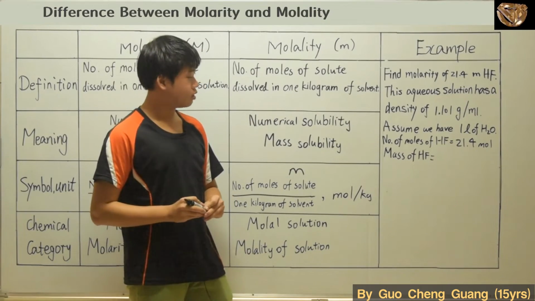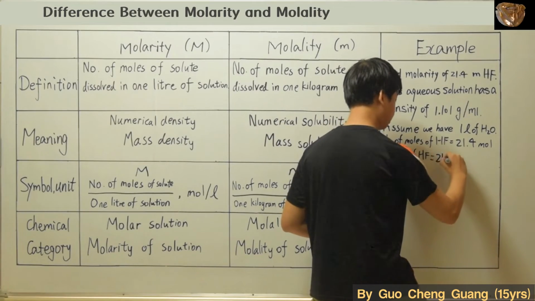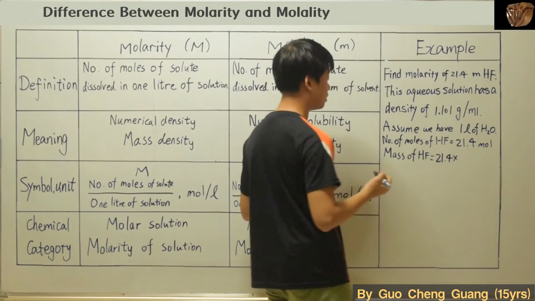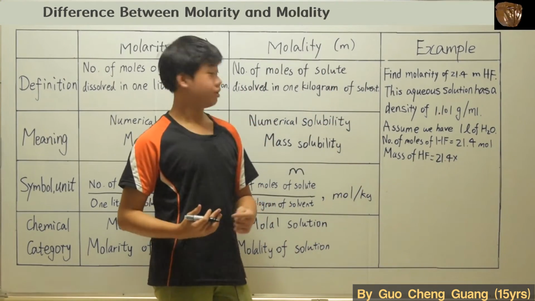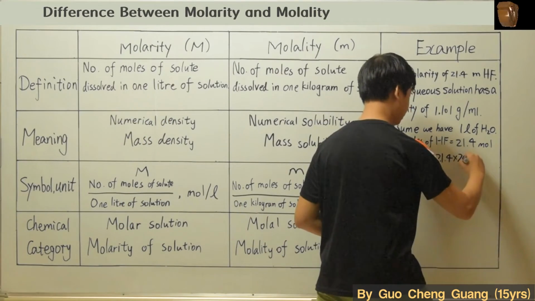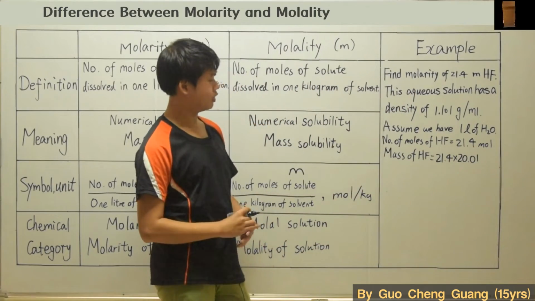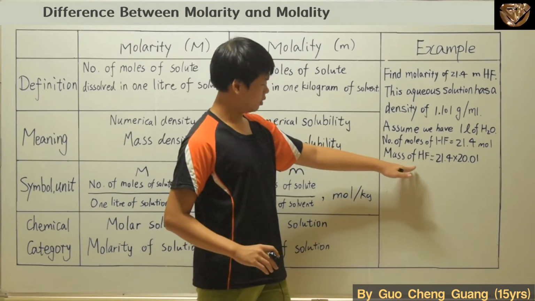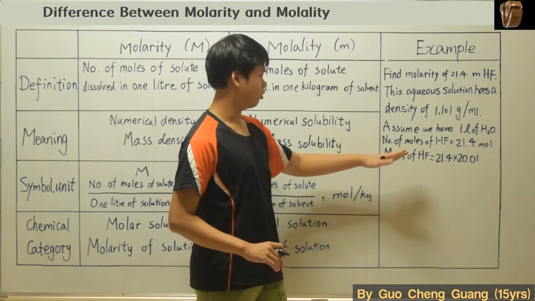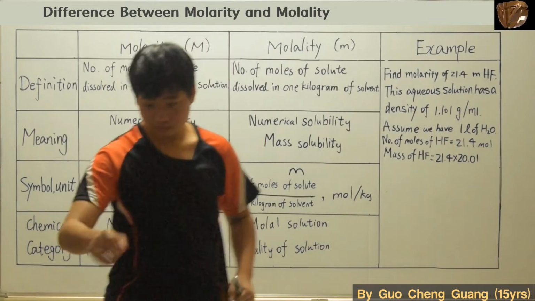So what is your mass of your hydrogen fluoride? Well, that is 21.4 times your molar mass of hydrogen fluoride, which is 20.01. Well, you can go and find out why if you want, which is just add the mass of hydrogen and fluorine. Okay, so what would this give us?